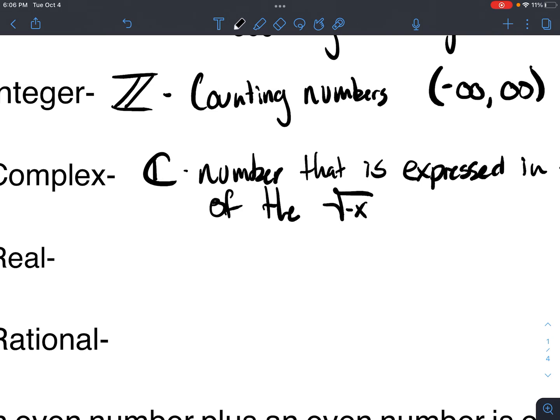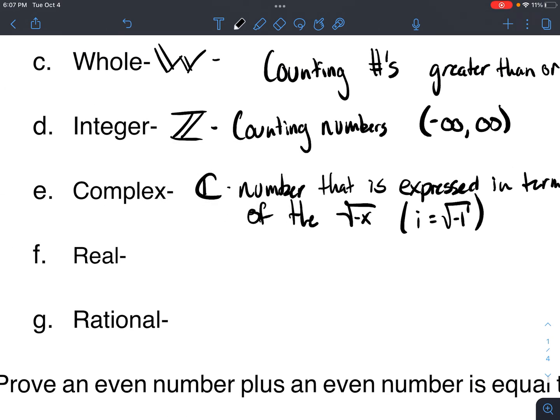So let's just go negative x. This also, as we very briefly talked about, I is what's called an imaginary number, and I is just equal to the square root of -1.